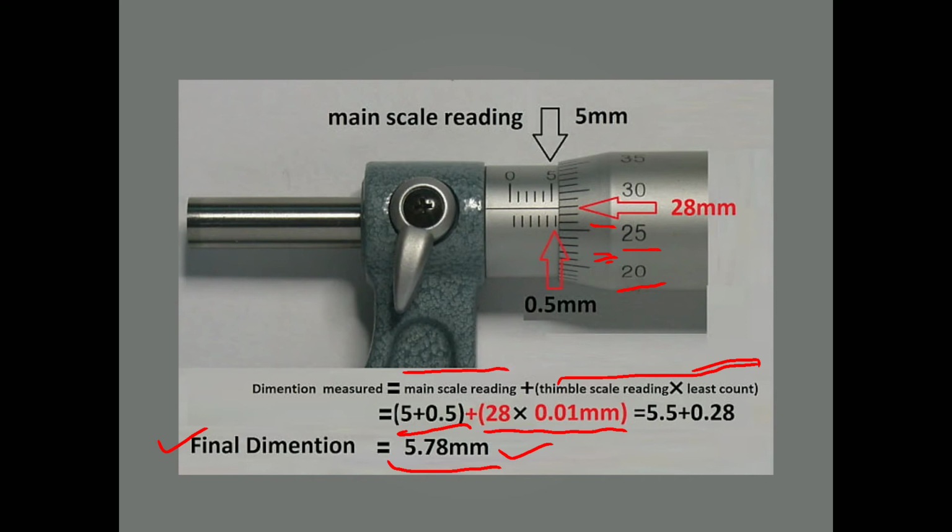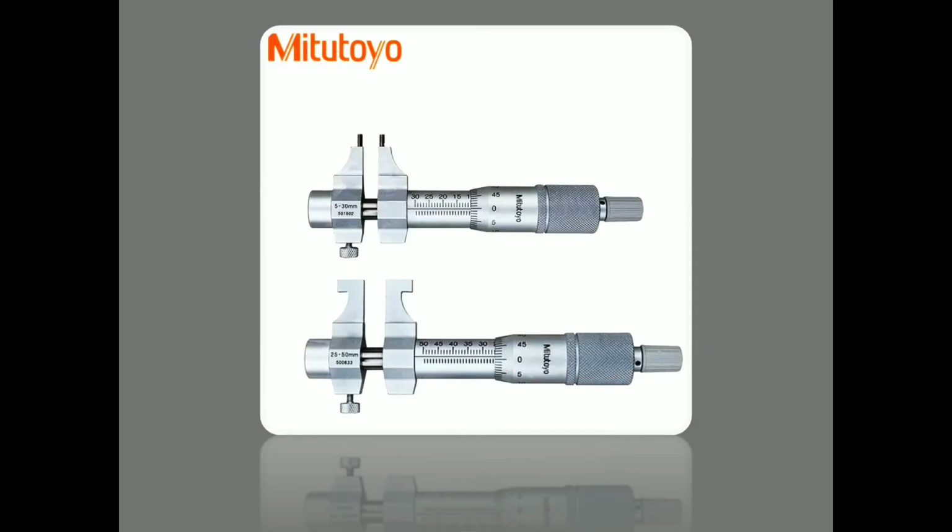So let us see how exactly the inside micrometer and its parts are. Here you can see the inside micrometer, which is only used to measure the diameter of a bore, or you can say to measure the inside parameters of a component.